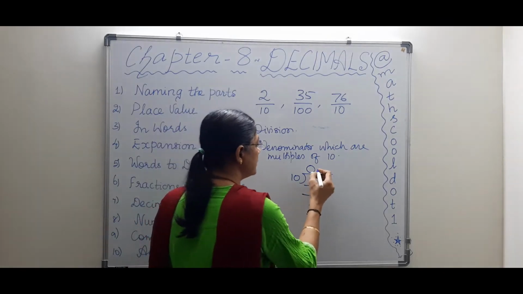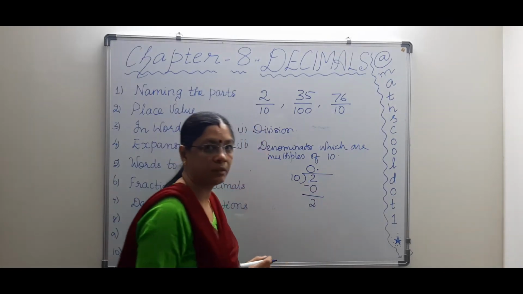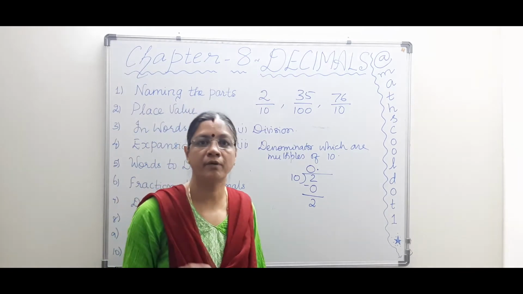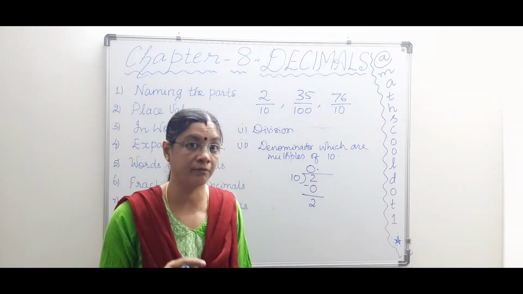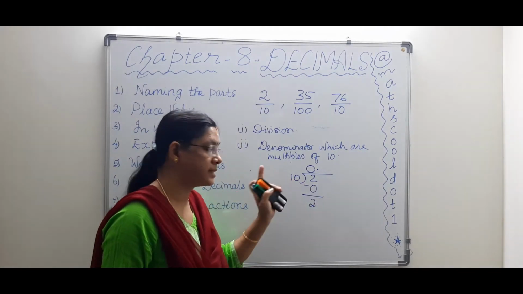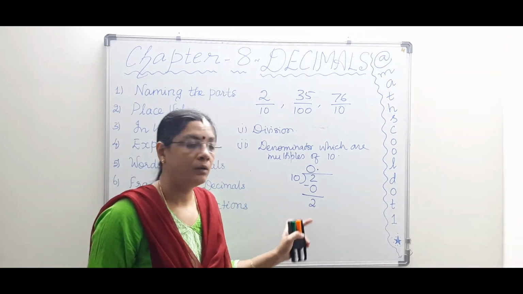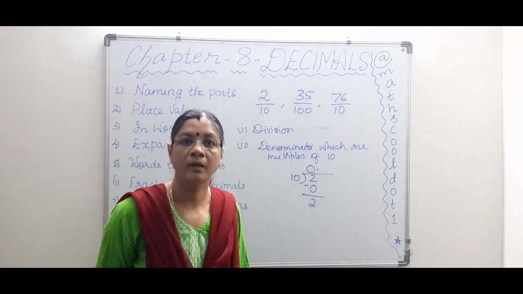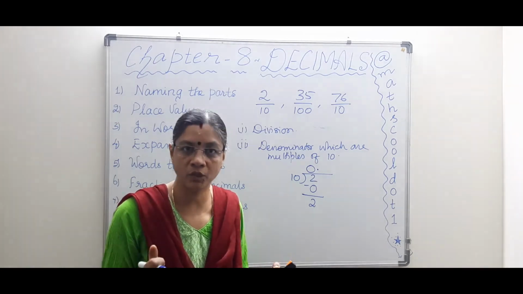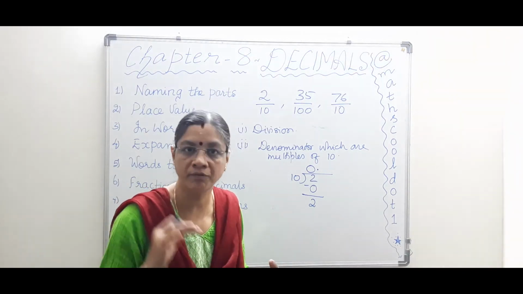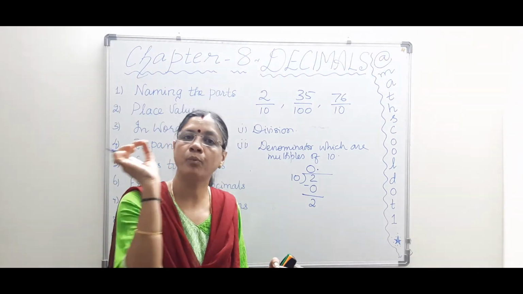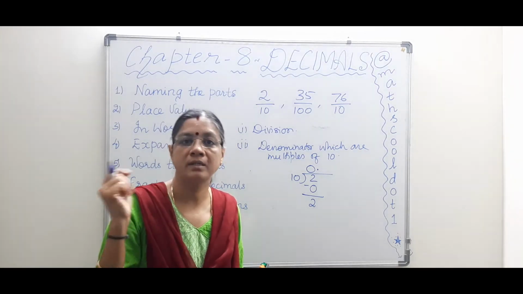Now the rule is, I can keep a point here. If the dividend is less than the divisor, then we can keep a point here. Keeping a point gives us the privilege of adding zeros to the dividend. When I put a point there, I can add zeros to the number.